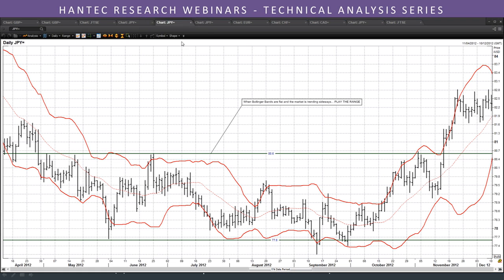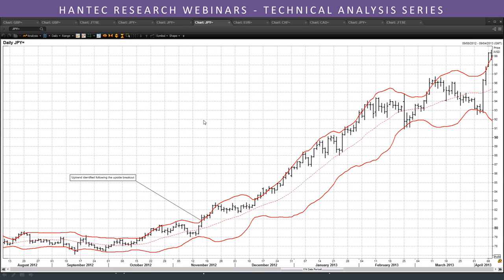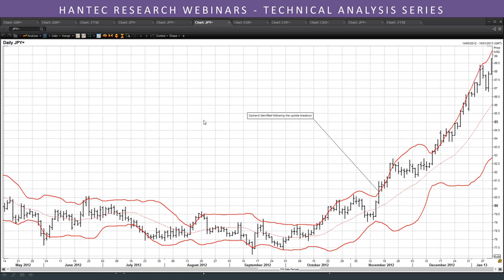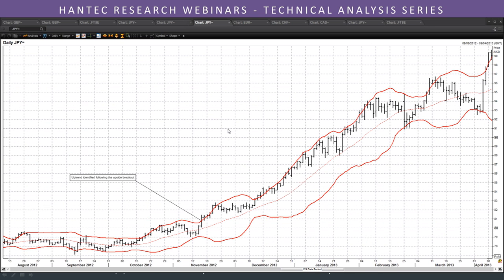And I've got one to show you. This is dollar yen, actually at the end of that sideways trading period that we talked about earlier. Dollar yen moves sideways and then subsequently breaks higher. So you're looking for the price action to start hugging this upper Bollinger Band, and it does it pretty much all the way.